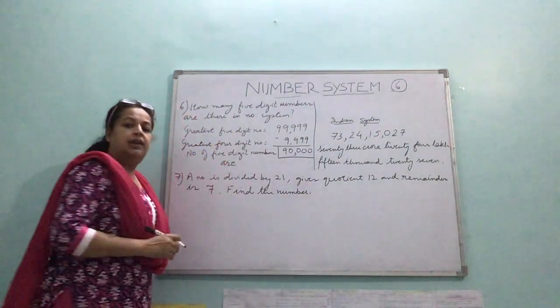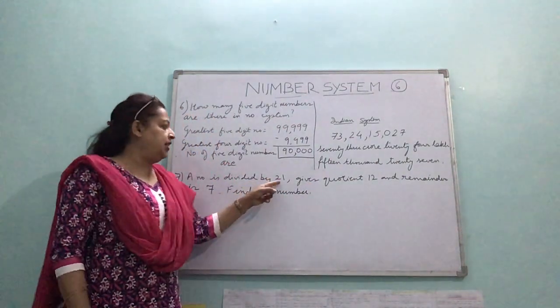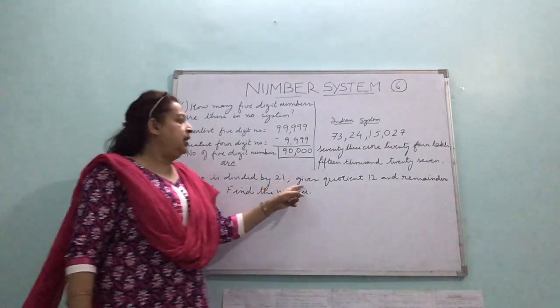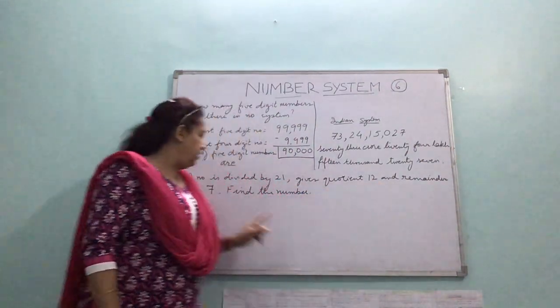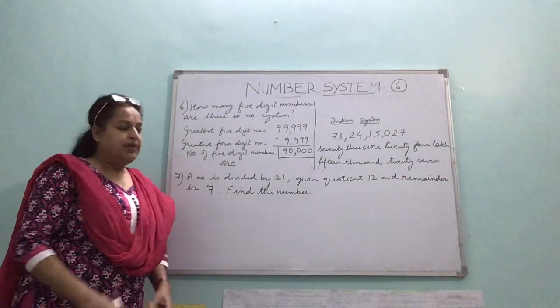Find the number. A number, when it is divided by 21, then it gives a quotient 12 and the remainder is 7. So find the number.